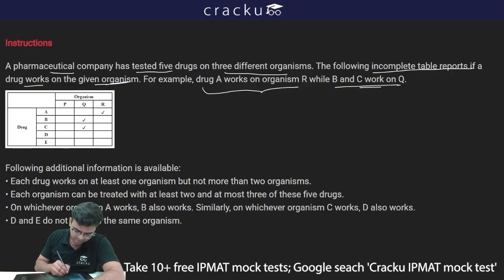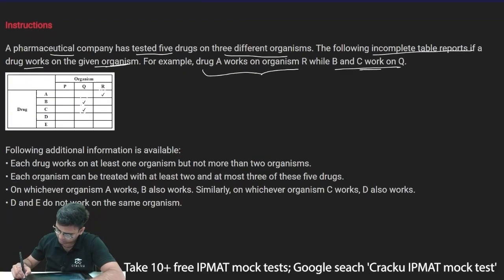This is given in this table, that A is working on R and B and C work on Q. Each drug works on at least one organism but not more than 2 organisms. So I'll draw this table again.